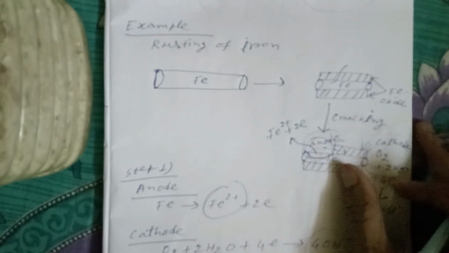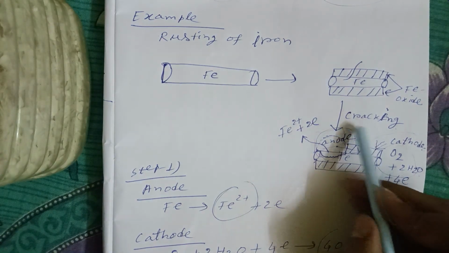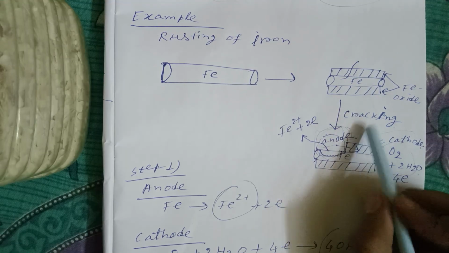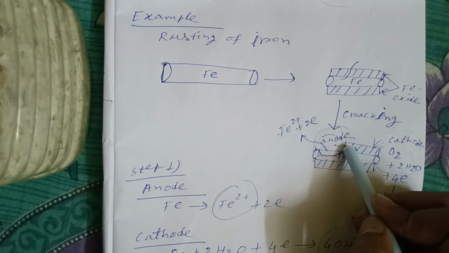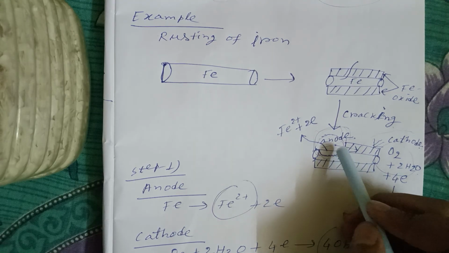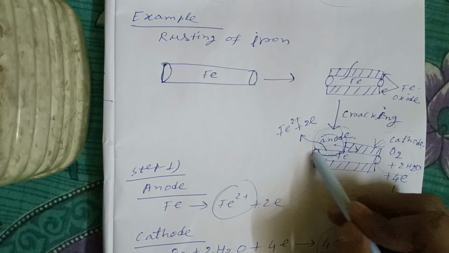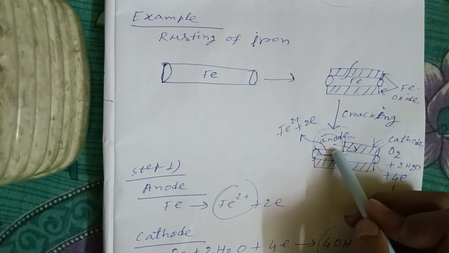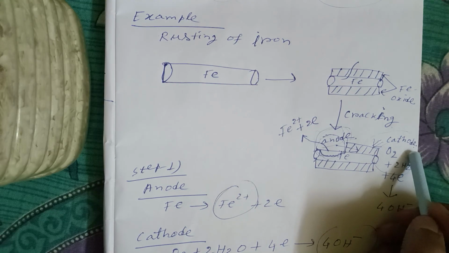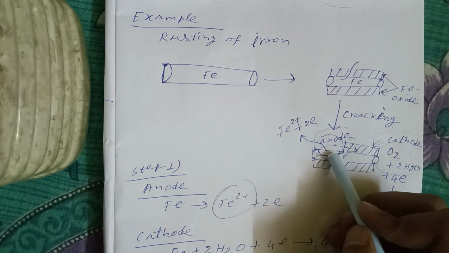Then if some portions of this oxide layer crack, the pure iron will be exposed in that portion, and this exposed portion is the anode, and the oxide coated portions act as the cathode.